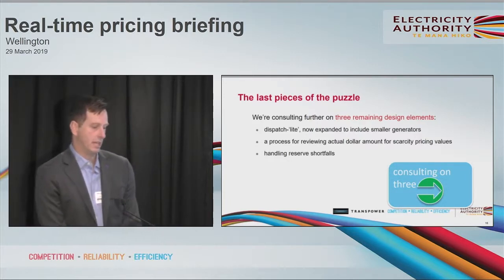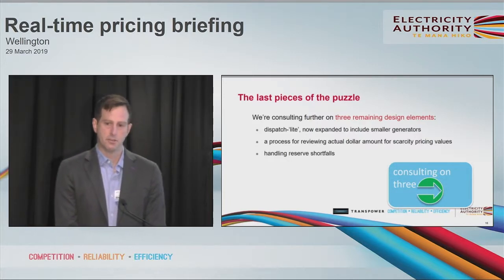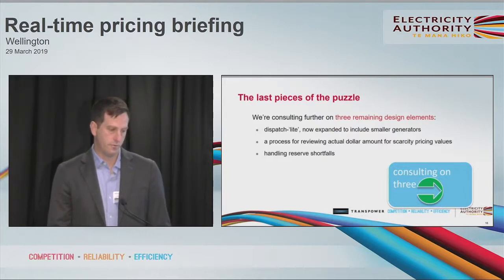And so then that leaves us to the remaining design elements, the subject of this consultation and what we're going to be talking about today. Our expanded version of Dispatch Lite, which originally was just for smaller purchases, a form of dispatchable demand.